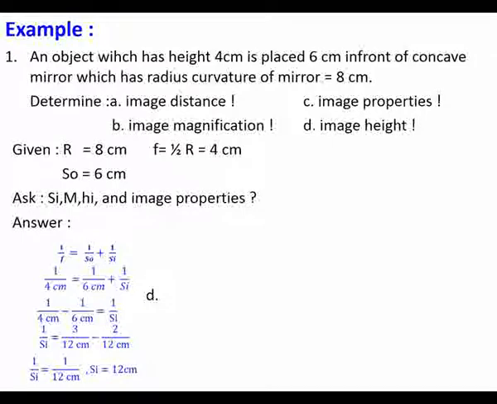Thus 1 per SI equals 1 per 4 centimeters minus 1 per 6 centimeters, so 1 per SI equals 3 per 12 centimeters minus 2 per 12 centimeters, which is 1 per 12 centimeters.